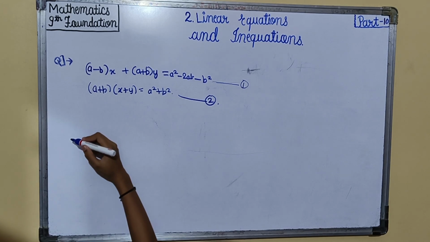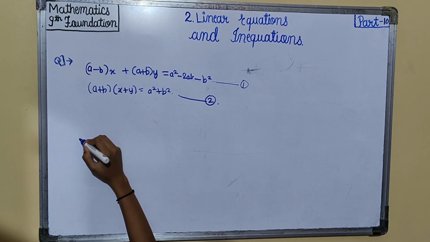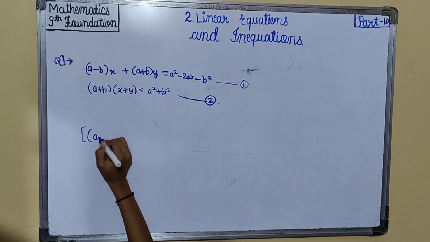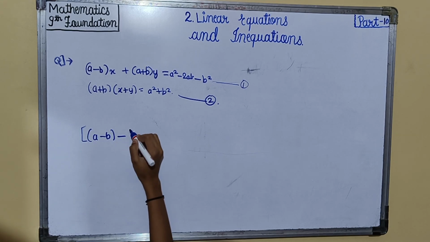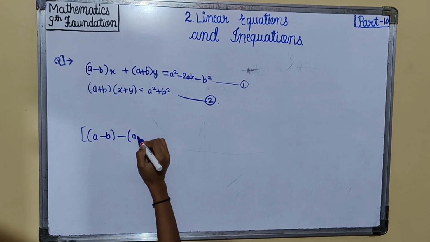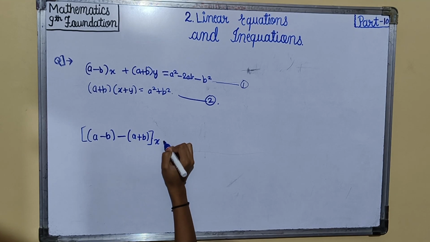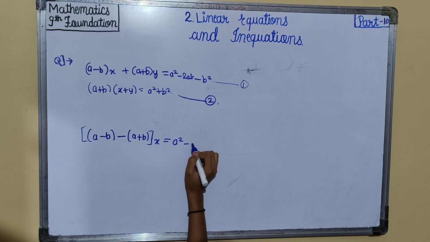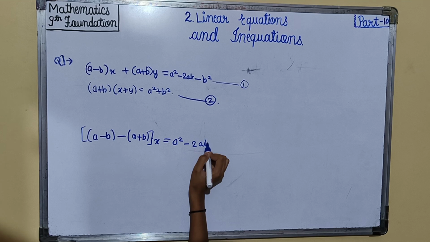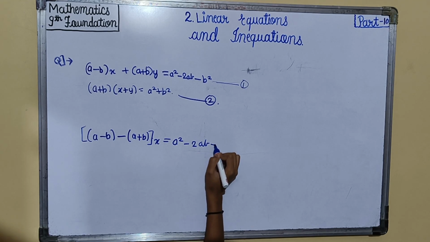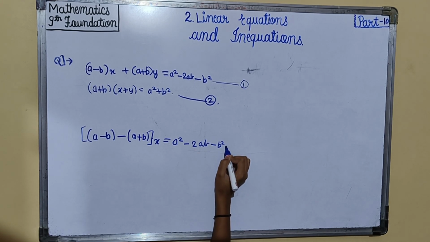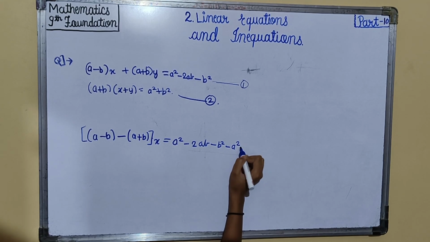So we will get (a minus b minus a plus b) x equal to a square minus 2ab minus b square minus a square minus b square.